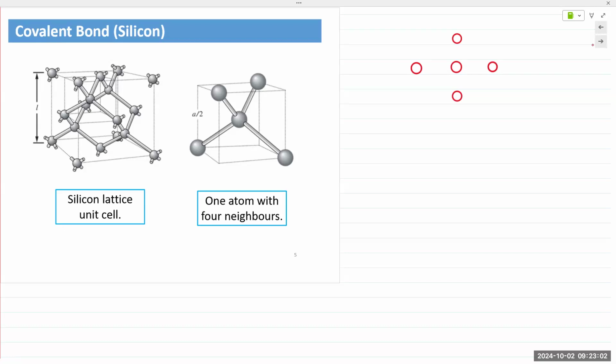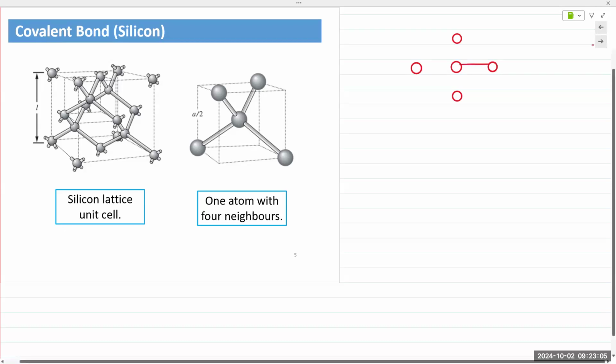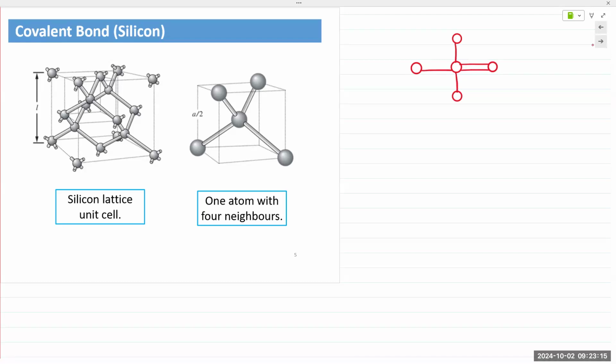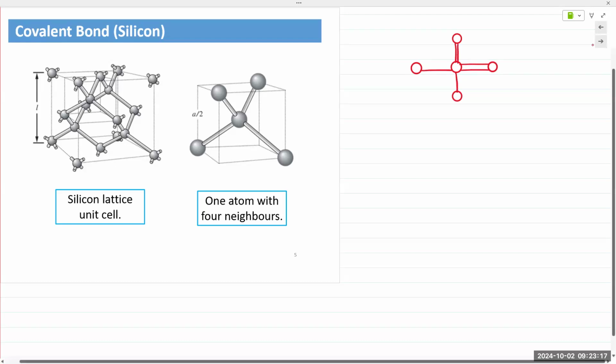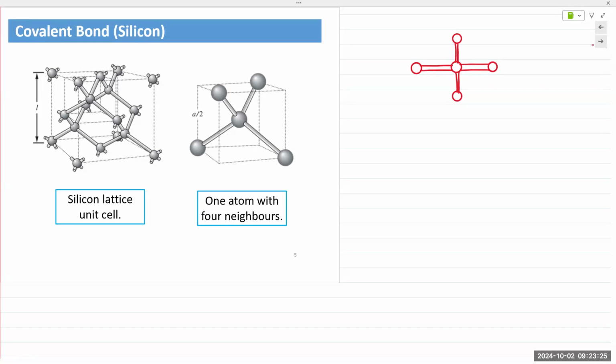Okay, so this atom in the center is sharing 1 electron with each neighboring atom, and those atoms in turn share 1 electron each. And so thus they form a stable outer shell with 8 electrons.